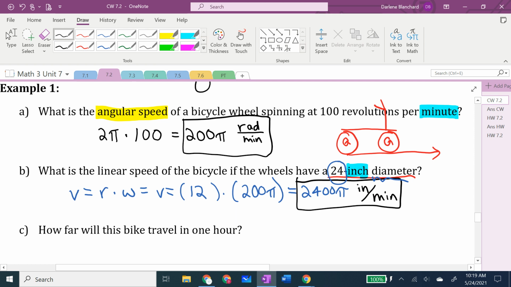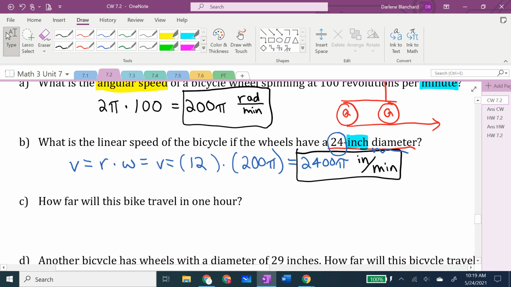Now, if you know how quickly the bicycle is traveling, you can figure out how far you go over a period of time. So if we want to know how far the bike travels in 1 hour, and we know its speed in terms of minutes, what do we need to do?